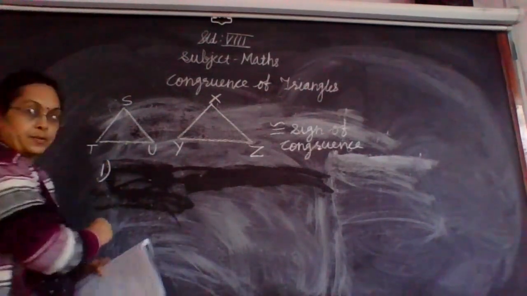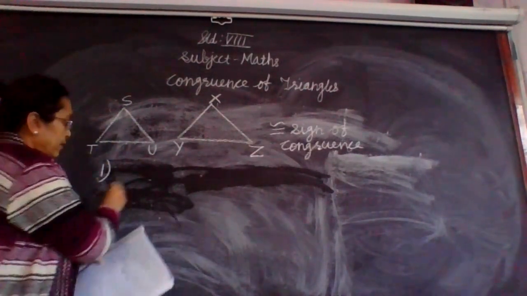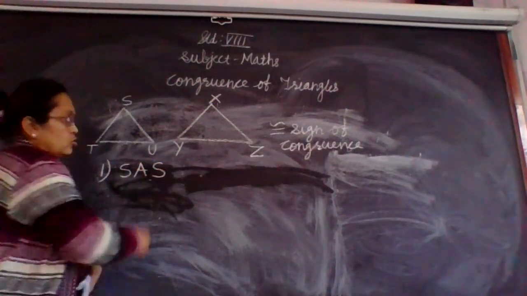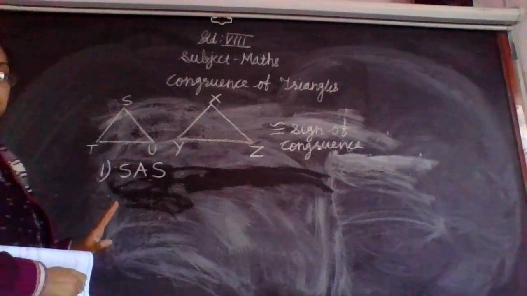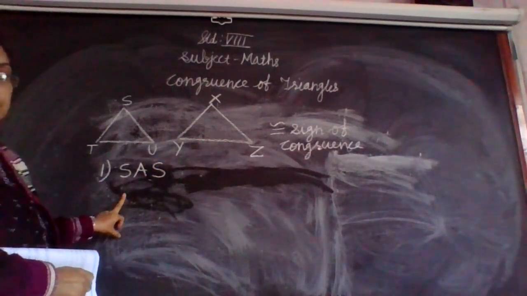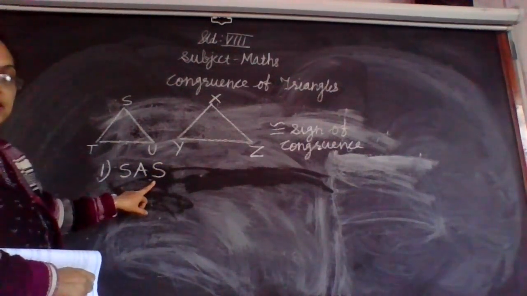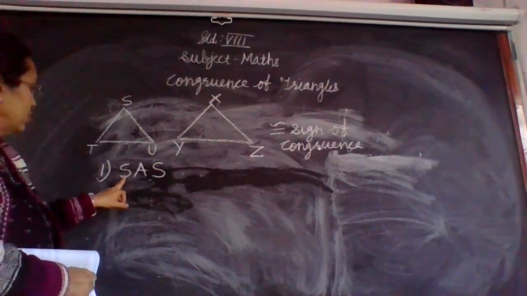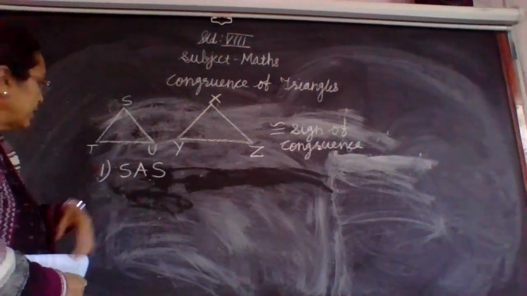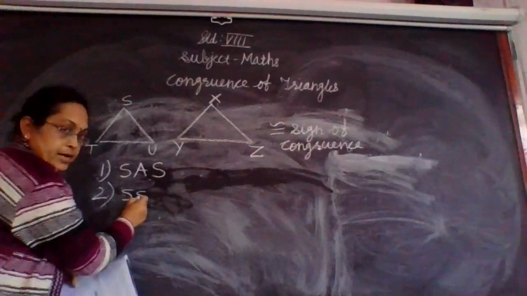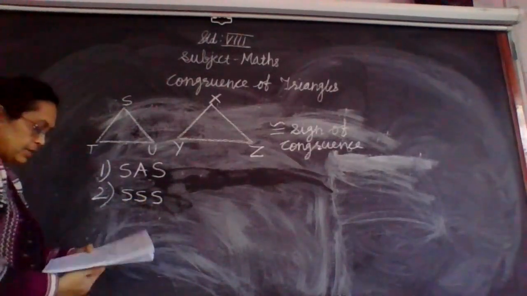Starting with SAS. There are 6 factors, but in the tests of congruence only 3 factors are taken for both the triangles. So side, angle, side is the first test of congruence. Second is side, side, side. So I am writing SSS.